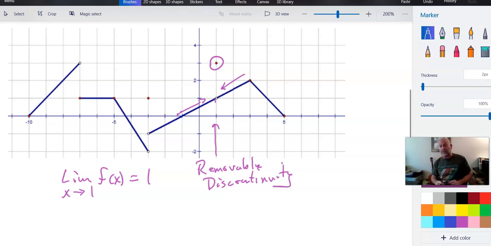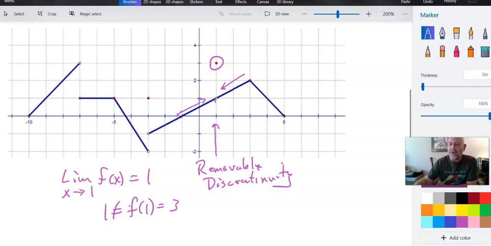And if you have a removable discontinuity, the limit exists, but the function value may or may not, and the function value is not the same as the limit. And that's kind of interesting, right? Because 1 is not equal to f of 1. F of 1 is equal to 3. But the limit as x approaches 1 is 1.